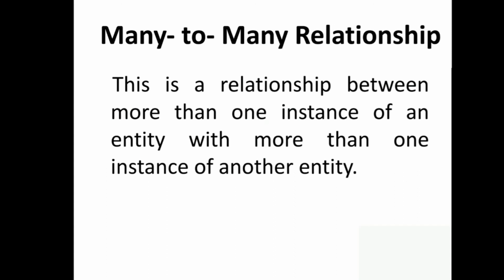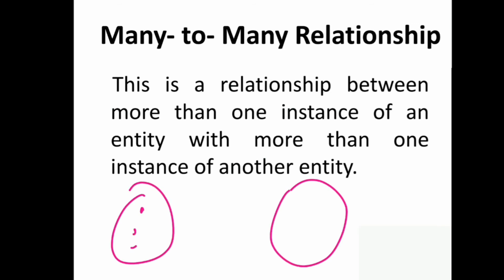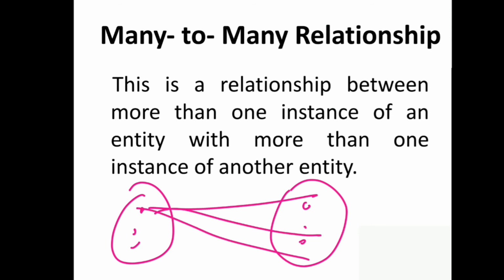Now next is many-to-many relationship. See students, it's a relationship between more than one instance of an entity with more than one instance of another entity. That is, both the entities can have many relationships between each other, right?